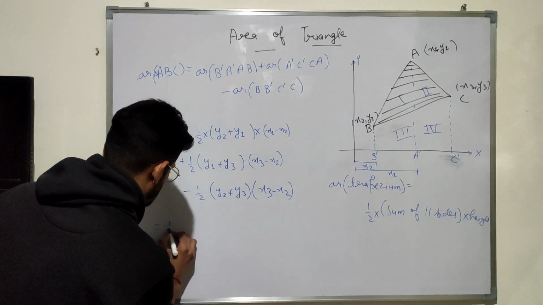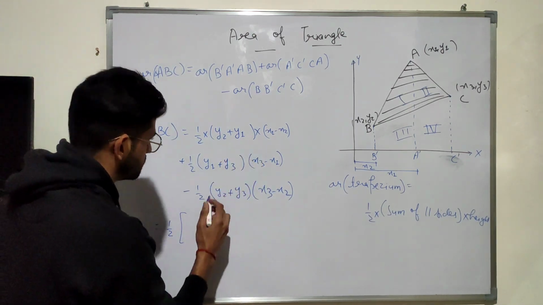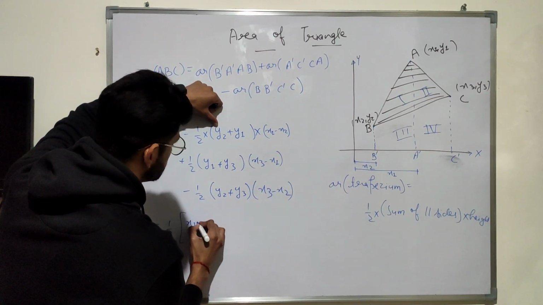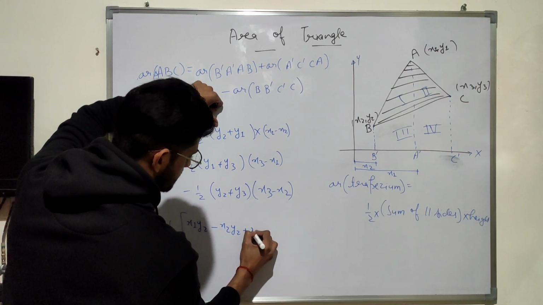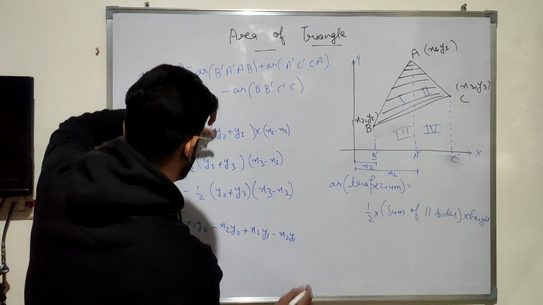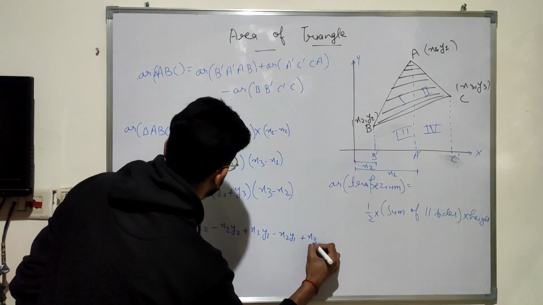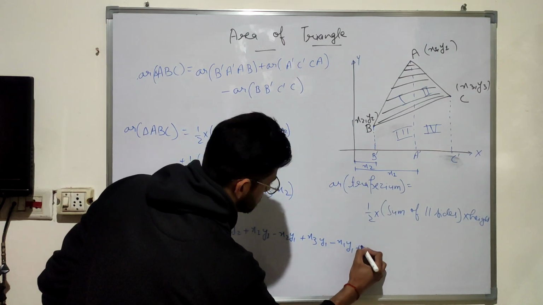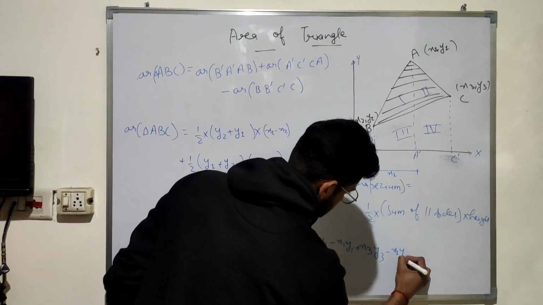So let's do it. Taking half as common, we will multiply the brackets. We will get x1y2 minus x2y2 plus x1y1 minus x2y1. From this portion we get x3y1 minus x1y1 plus x3y3 minus x1y3.